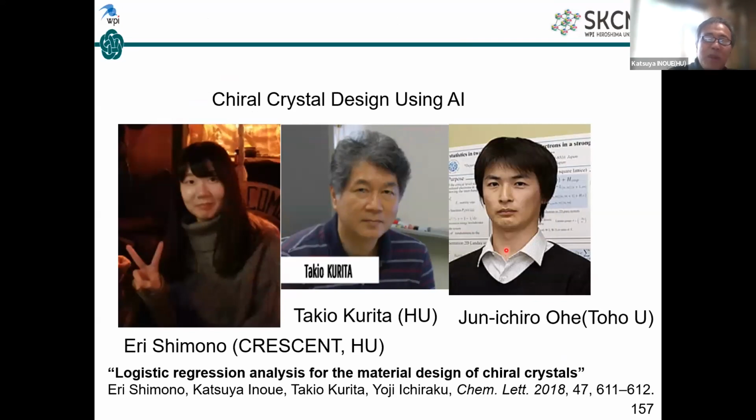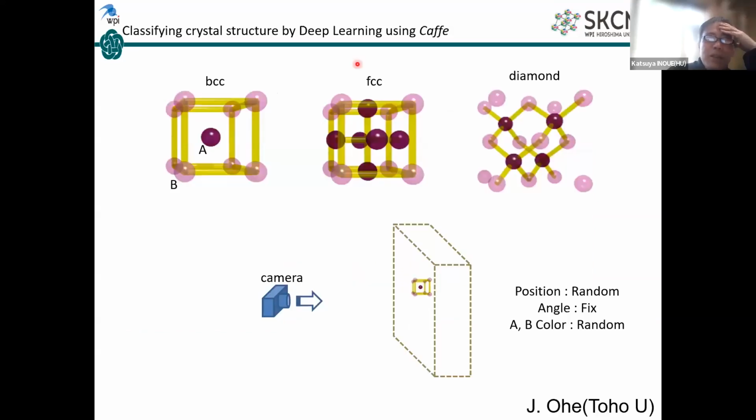These are our members of the deep learning research. Chiral crystal design is still difficult nowadays, so it's better to expect it by using deep learning. This is just what deep learning is.